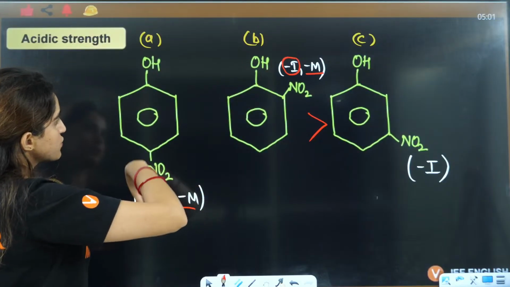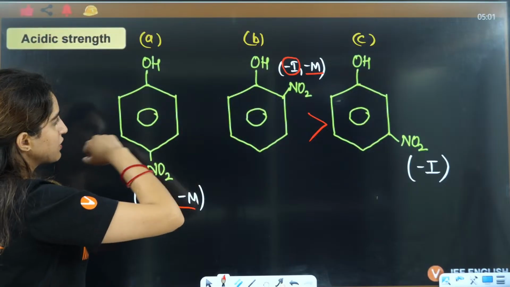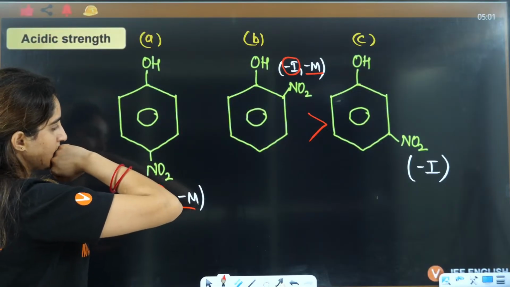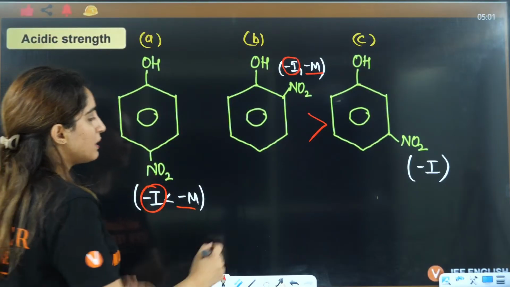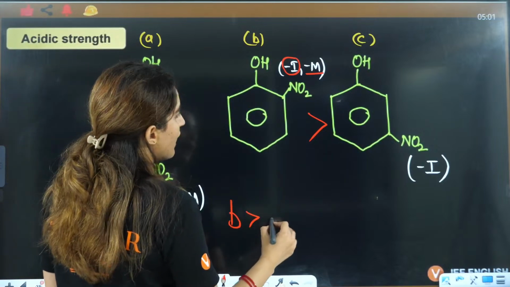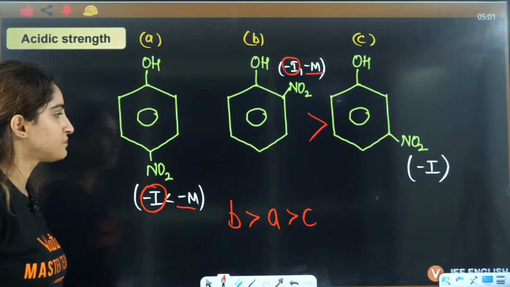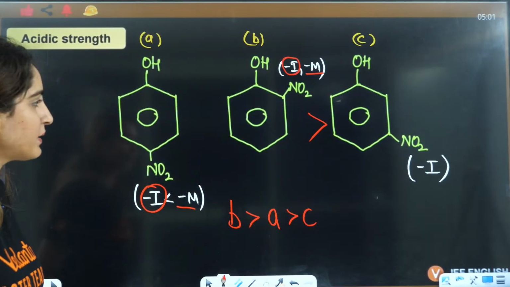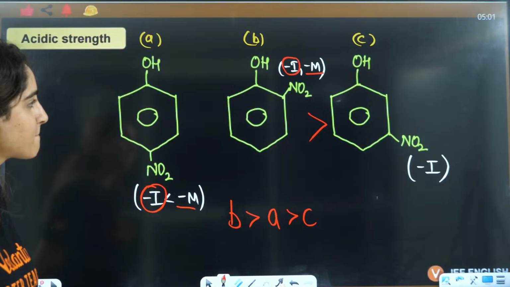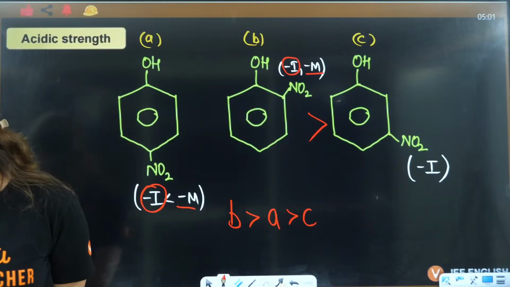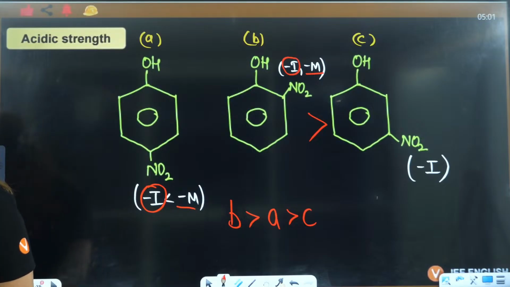Here distance is more, so minus I effect will be less, right? So it should be B, then you have A, then you have C. Right, everybody? Okay. Yes? Yes, everybody? Okay.